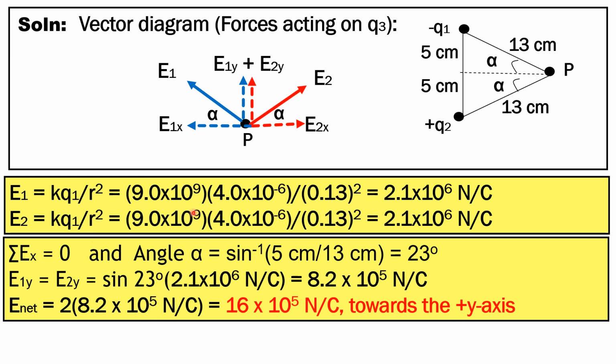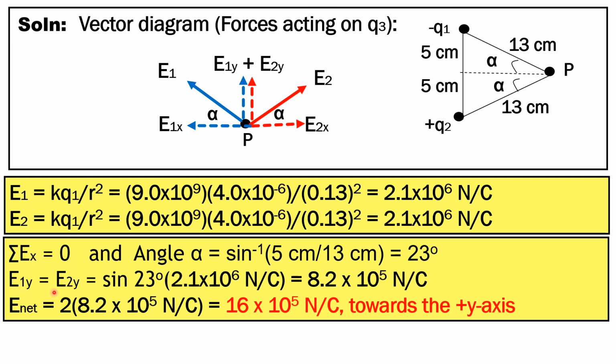Now, to determine the y components E1y and E2y, they are both directed upward, towards the positive y-axis. If the x components have the same magnitude but opposite directions, that's why we are able to cancel them.